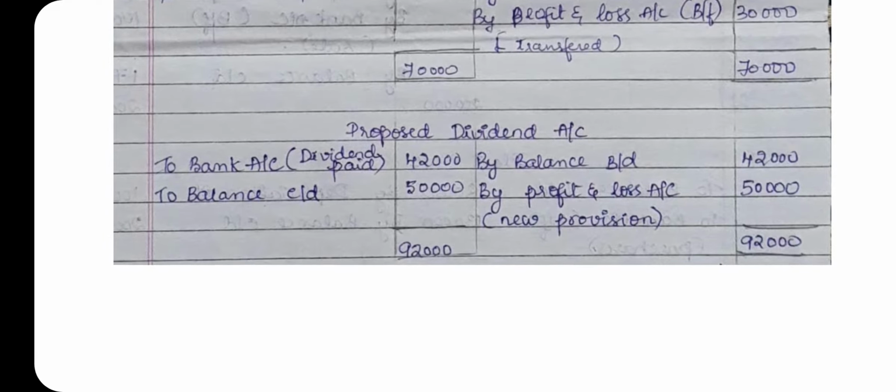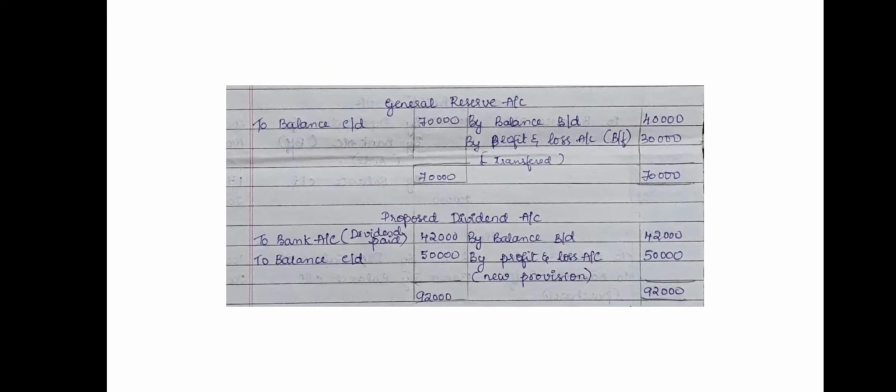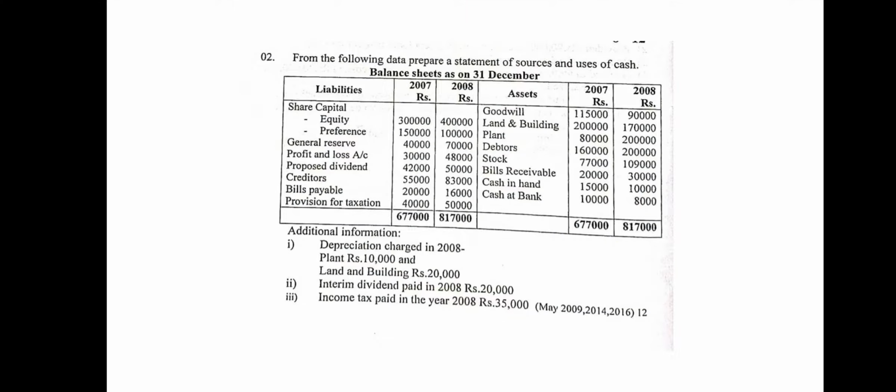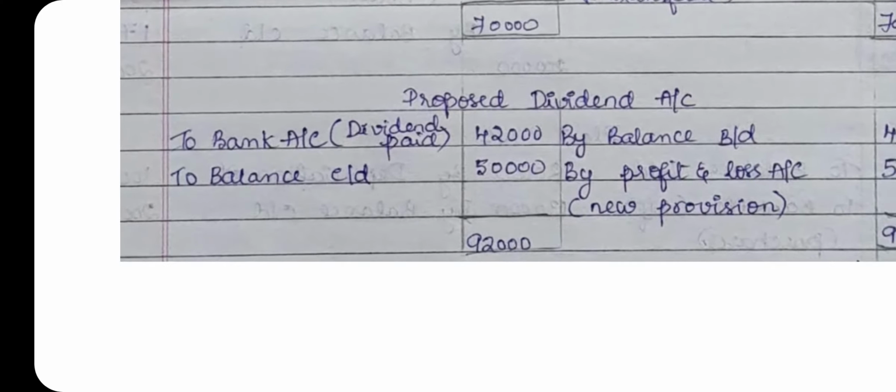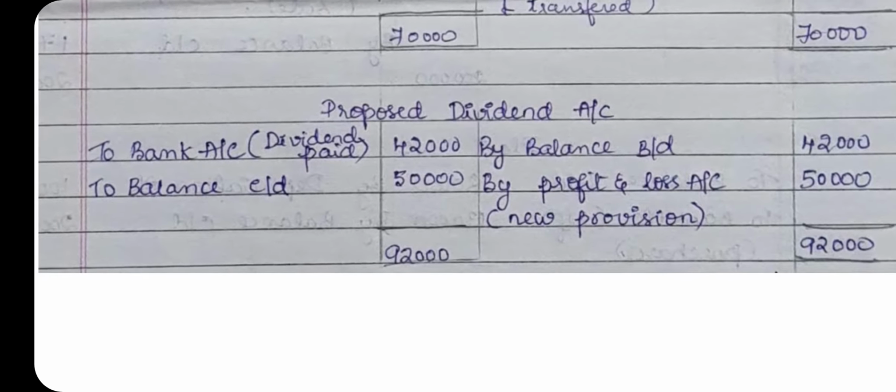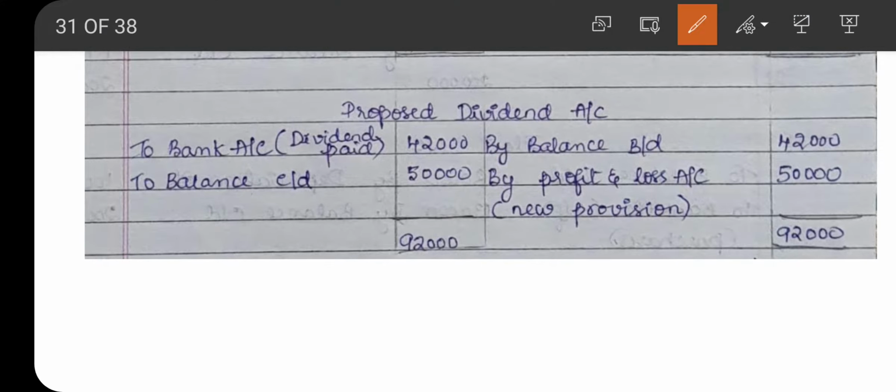Next we are preparing the proposed dividend account. By balance brought down 42,000. They have given the opening balance.